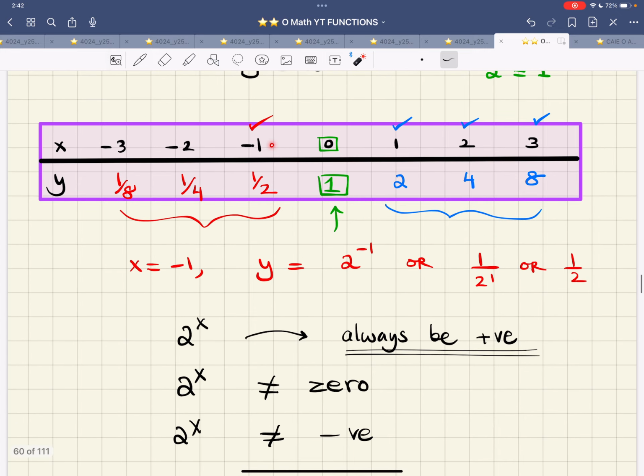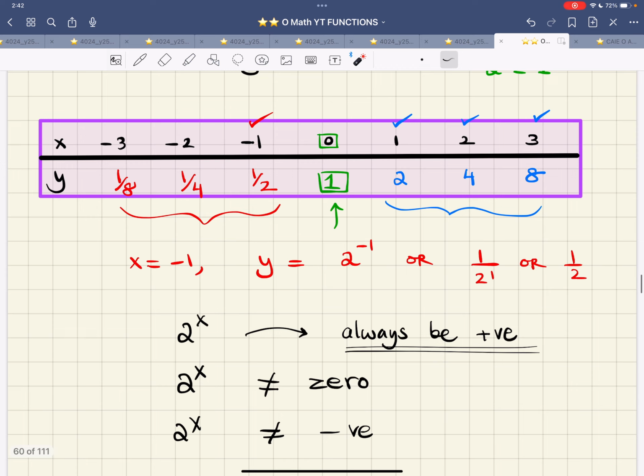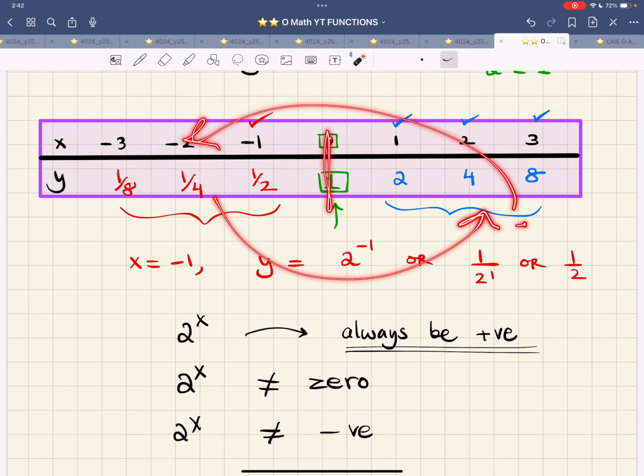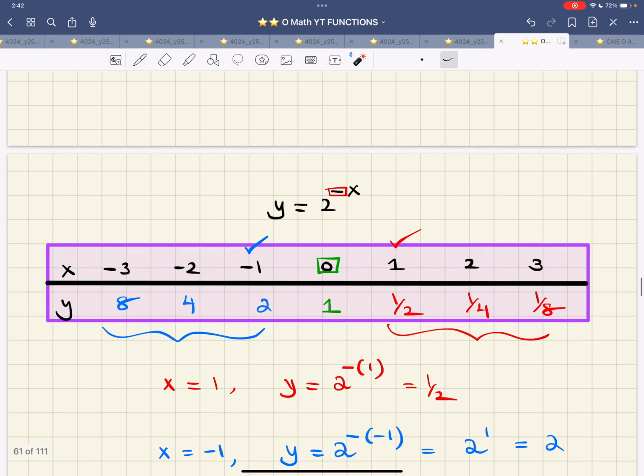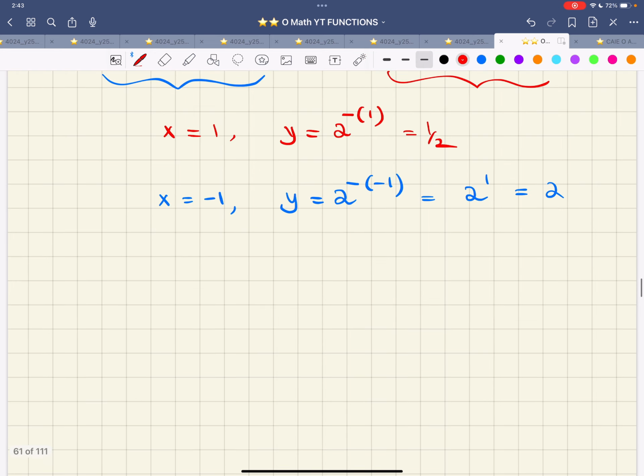Over here, negative 1, negative 2, negative 3 in this function, when plugged in, are giving me fractions between 0 and 1. So this is kind of flipped. The blue ones are now on the other side, the red ones are on the other side, and this is standing in the middle. So now, focus on one other thing also.